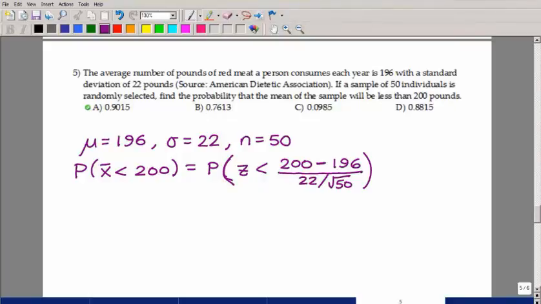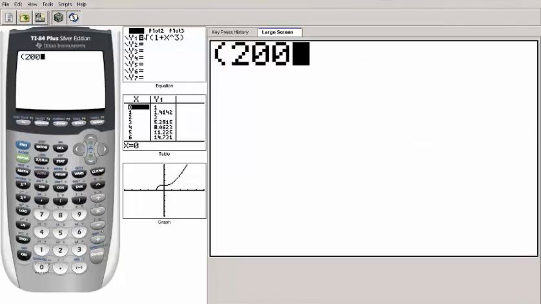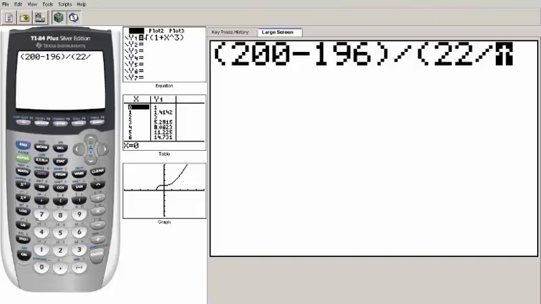So let's convert this to a z-score. We'll go 200 minus 196 divided by 22 divided by the square root of 50.